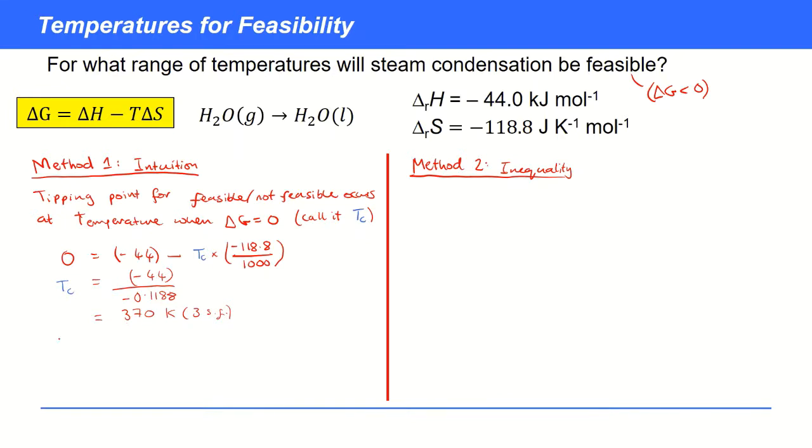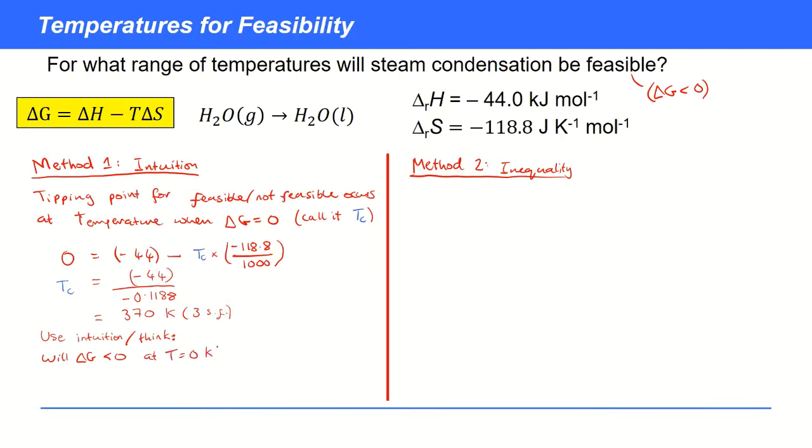And so then I'm going to use intuition, by which I mean think. What we want to understand is, is it feasible below 370 or above 370? The easiest way to think about it is to ask: will delta G be less than 0 at a temperature of 0 Kelvin?